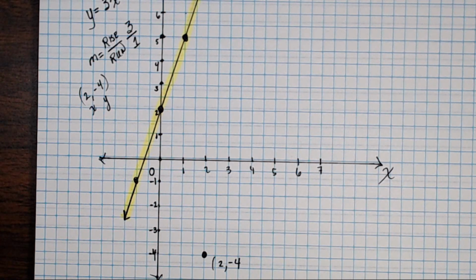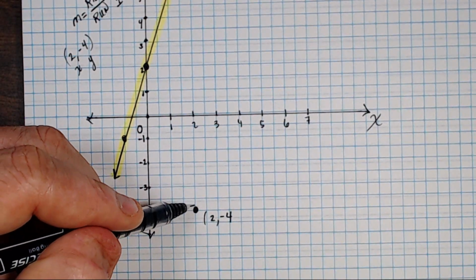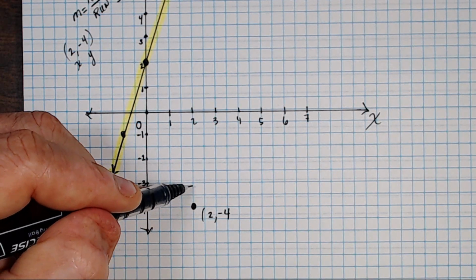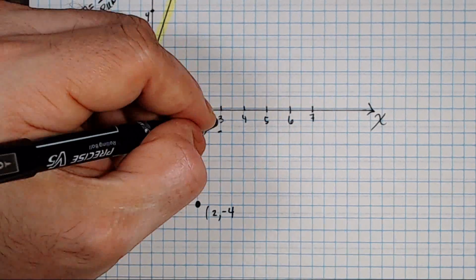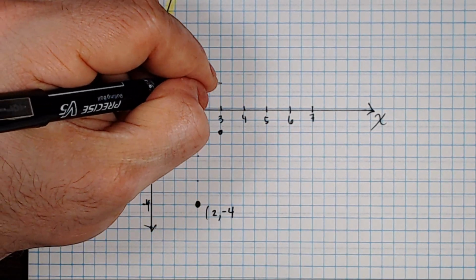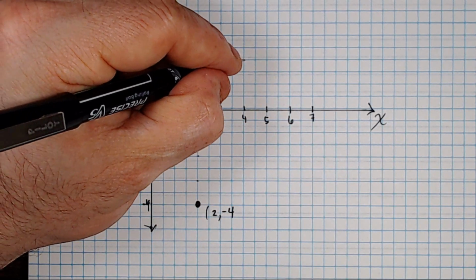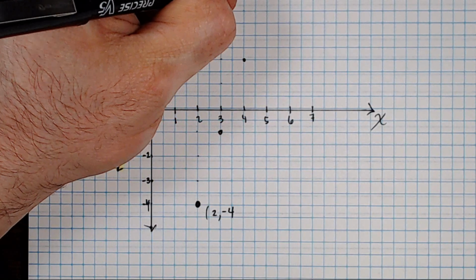The slope was 3. So starting at our plotted point, we're going to go up 3 over 1. There's a point on the line. Up 3, 1, 2, 3, over 1. I'll even plot one more. 1, 2, 3, over 1.